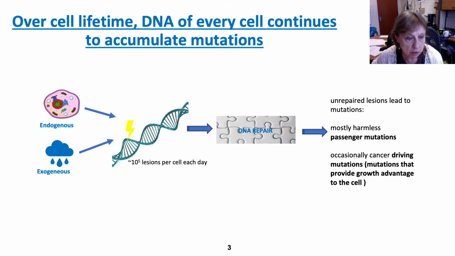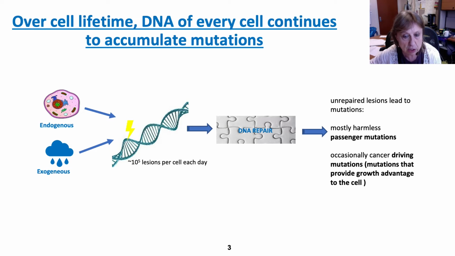Even in optimal situations, it has been estimated that each cell can accumulate as many as 10 to the 5th lesions per day. Fortunately, the vast majority of those lesions are very efficiently repaired by complex DNA repair mechanisms that cells evolved. Only a very small fraction of those lesions remain unrepaired and then lead to mutations.